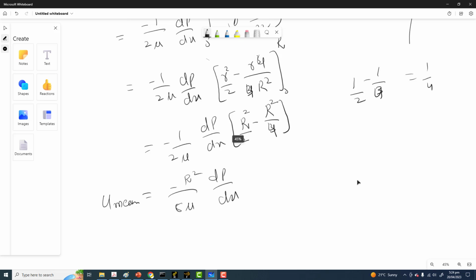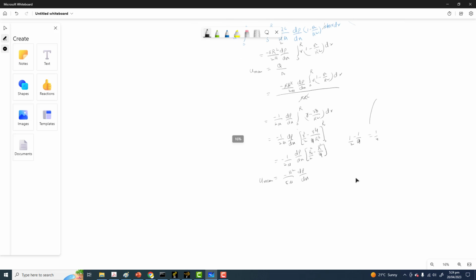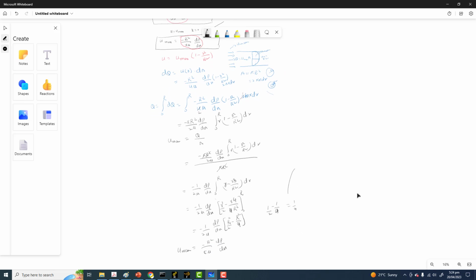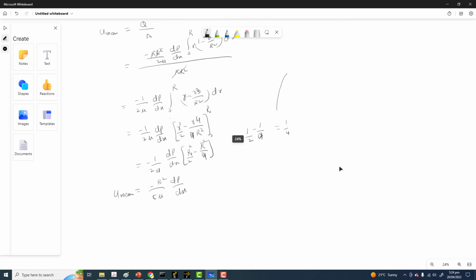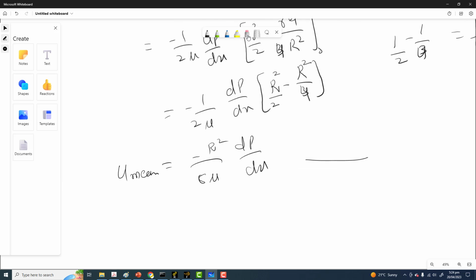So now if you compare this, you can see that the u maximum which we derived earlier is equal to minus R square upon 4 mu dp by dx.